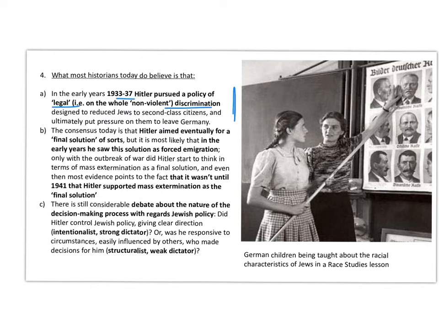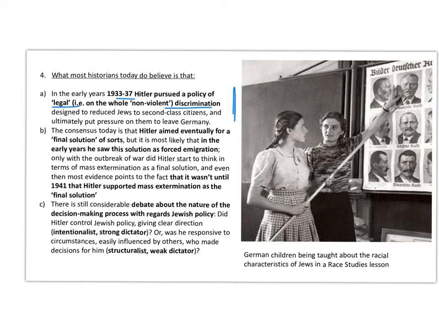And so if Hitler's going to pursue any form of discriminatory or radical policy or radical change, and think about the way in which he had created his dictatorship, he's got to justify it in every sense as being working within the Constitution. And so Jewish policy kind of fits into that.